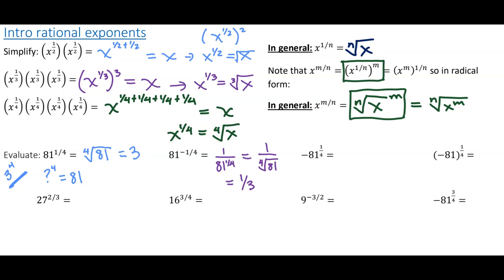We don't want to get tangled with negative 81 to the 1/4. So this is not a negative exponent. There is no reciprocal, and we want to be thoughtful about order of operations. If we're thinking about our PEMDAS, we don't have parentheses, but we do have an exponent. That negative sign is attached by multiplication. So the exponent would happen first. The 4th, so it's basically negative 4th root of 81.